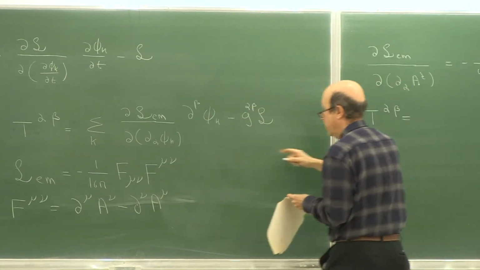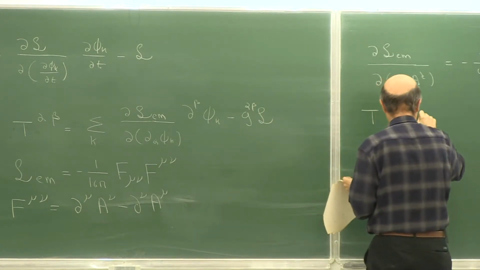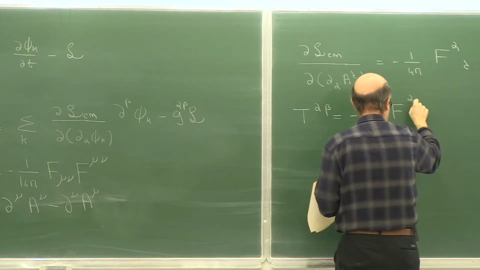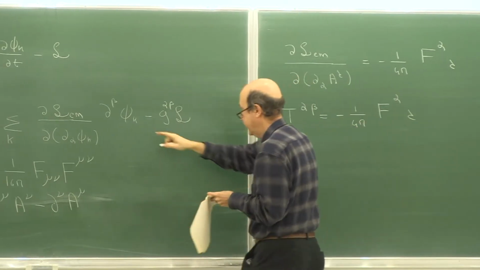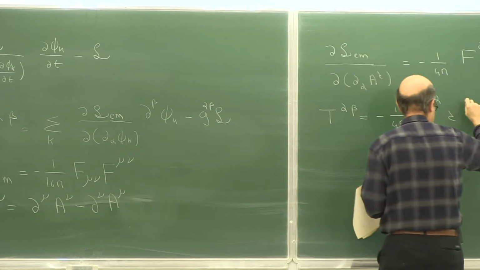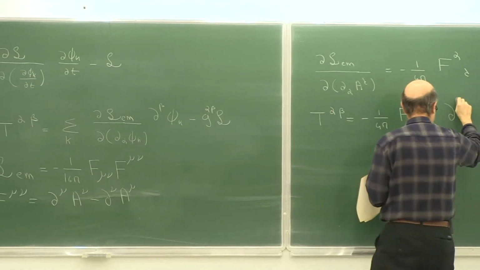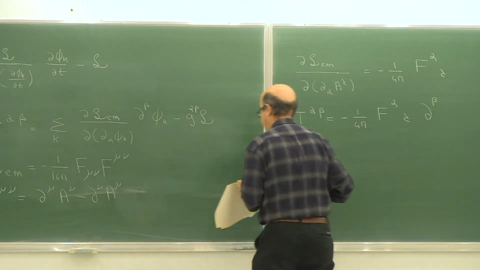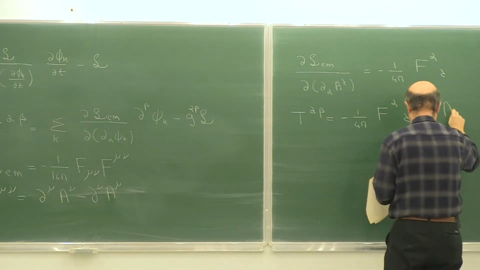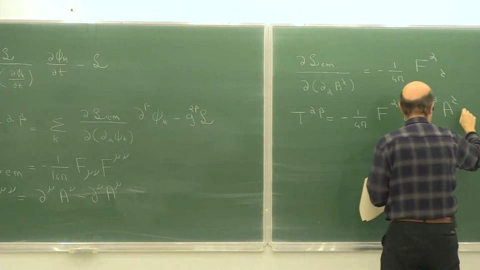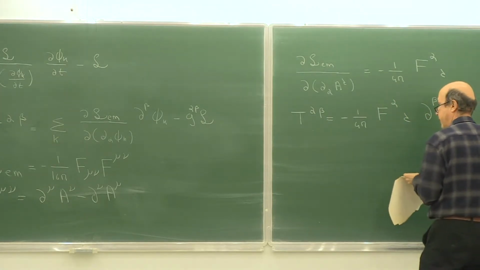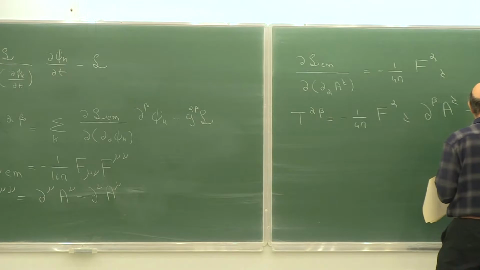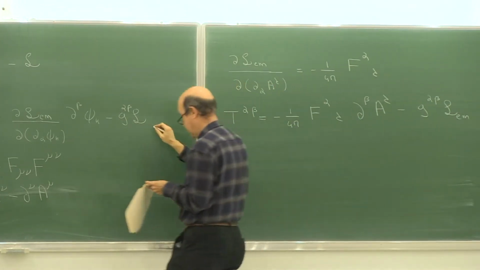That will be minus 1 over 4 pi F alpha lambda, times the derivative of the four potential, del beta A lambda, minus the metric tensor multiplied with the Lagrangian density of the electromagnetic field.